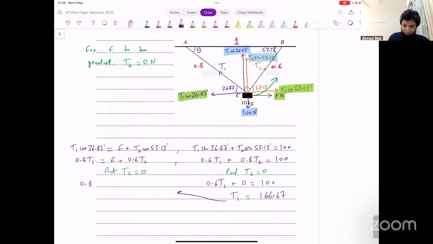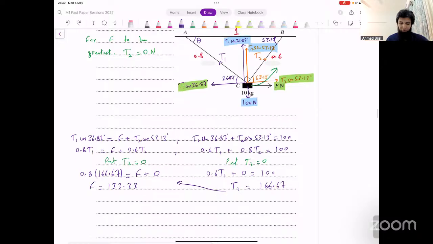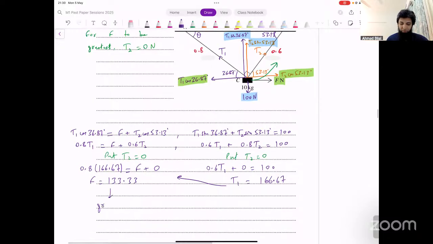That becomes 166.67 equals F plus 0. And the value of F turns out to be this time 0.8 times that, which is 133.33 Newton. Since this is supposed to be our final answer, we say the greatest possible value of F to three significant figures is 133 Newton.